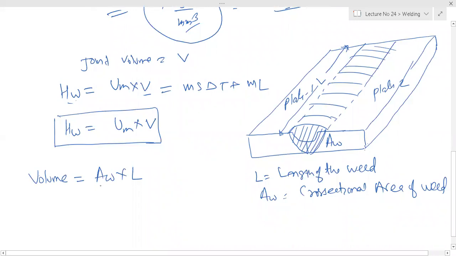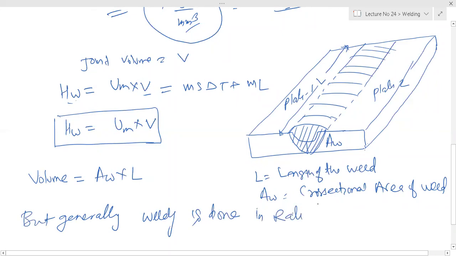Okay, volume we can write AW into L, but generally welding is done in a rate form. Again, I am writing this rate form.